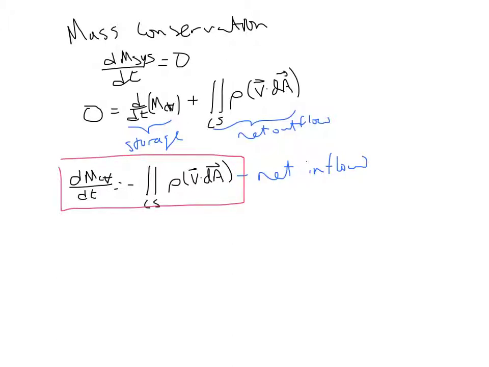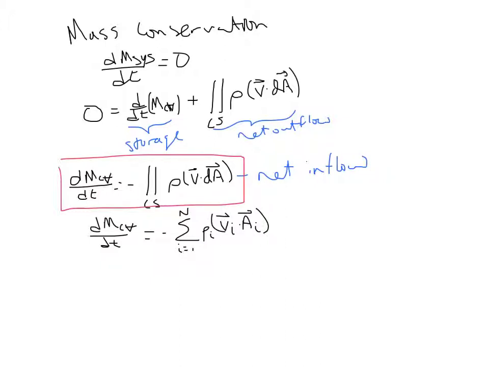The discrete form, where we think about the flow through individual faces, would be written as minus the sum over the faces, i equals 1 to n, of rho_i v_i dot a_i, where we have velocity and area vectors.